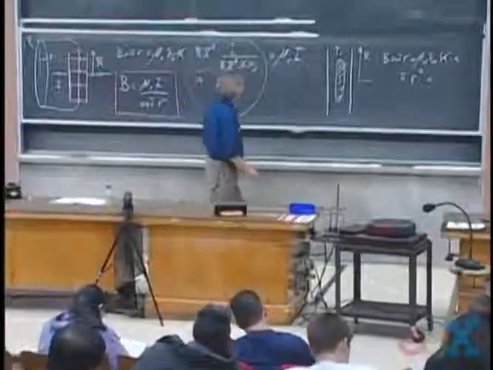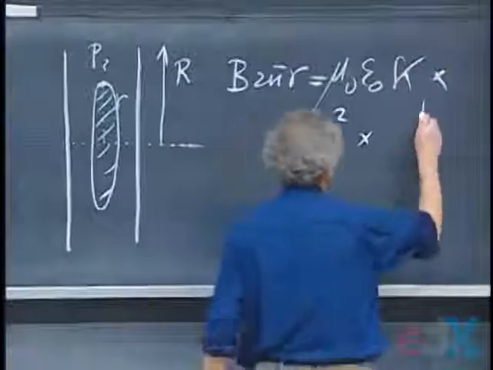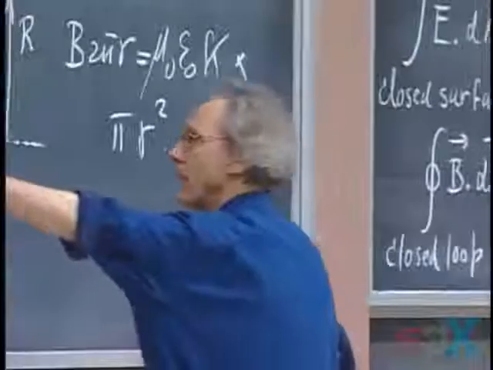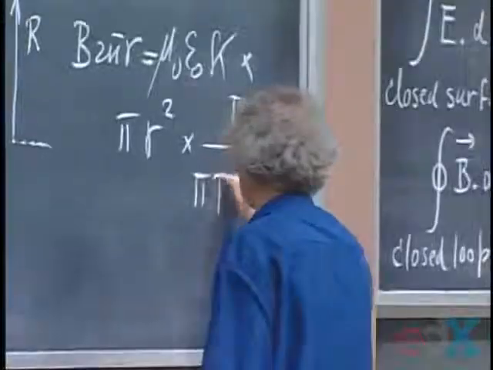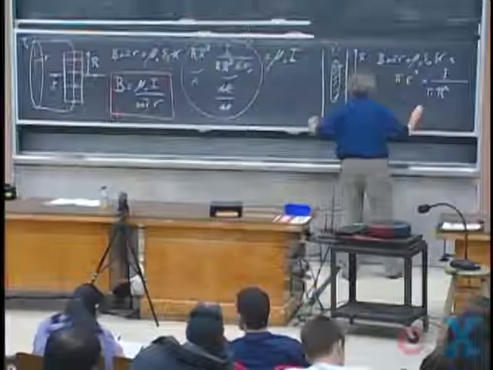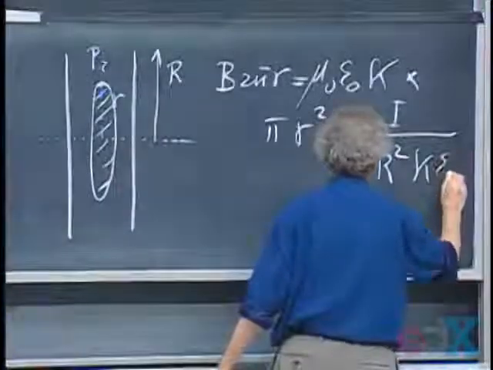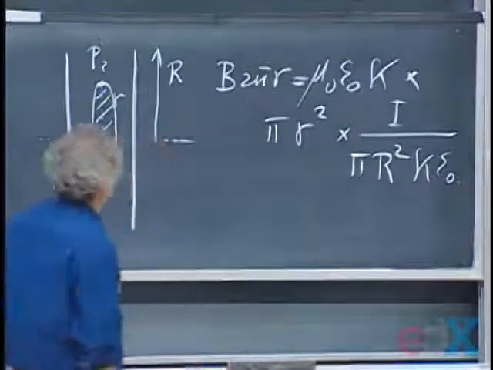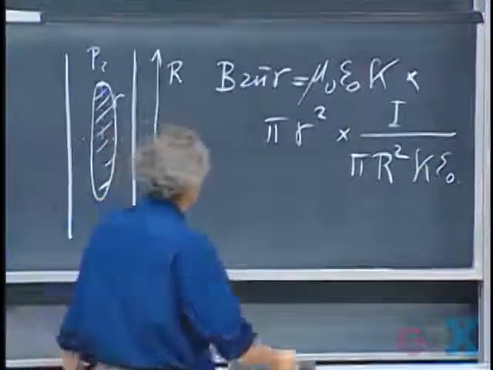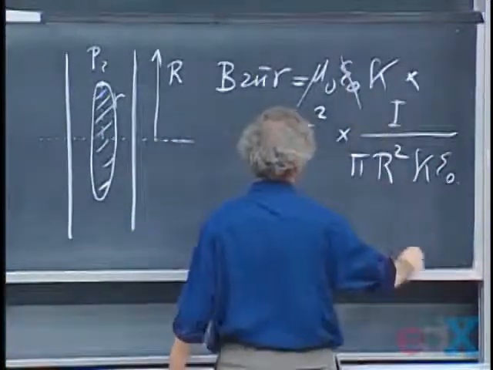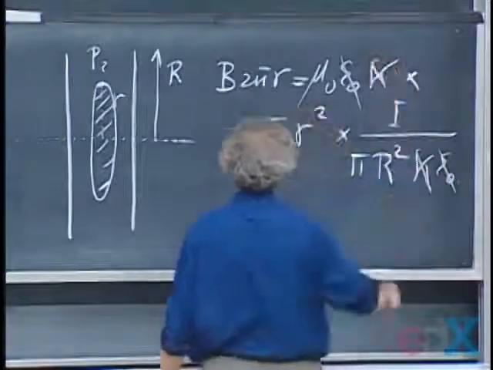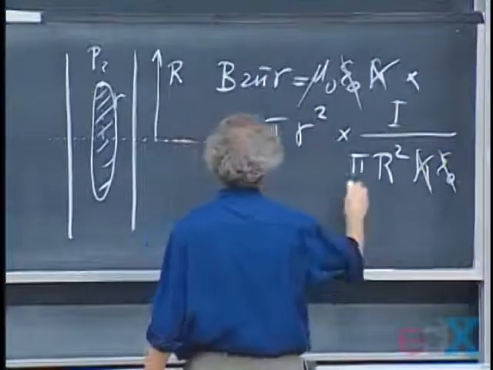So we get our current I divided by pi capital R squared divided by kappa epsilon zero. And now you're again losing a lot. You lose your epsilon zero, you lose your kappa, I lose a pi.